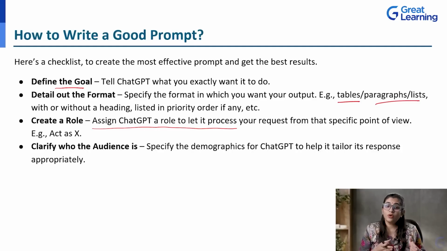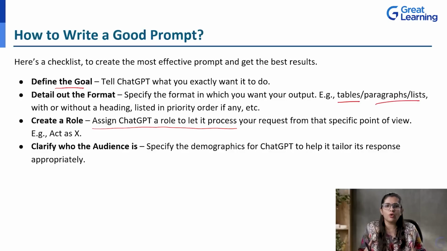Next is clarifying who the audience is. Basically, you are telling ChatGPT to generate the output based on the demography of the audience you are catering to. It can be beginner, intermediate, or advanced if you are creating content.